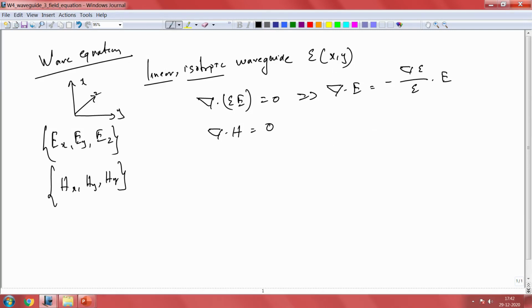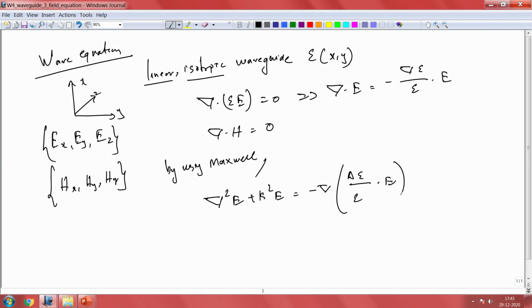So, now let us use the Maxwell equations. We will have something of this kind, and for the H field as well.